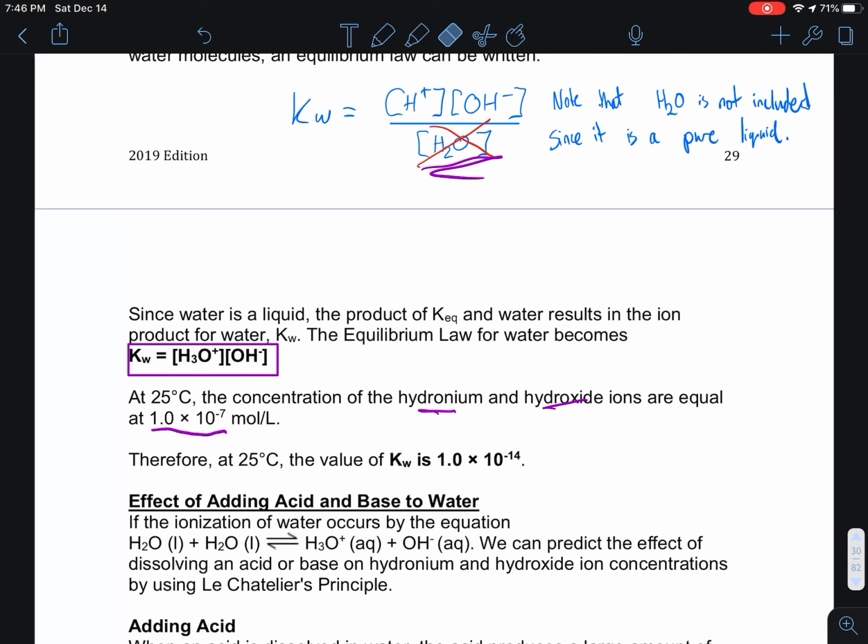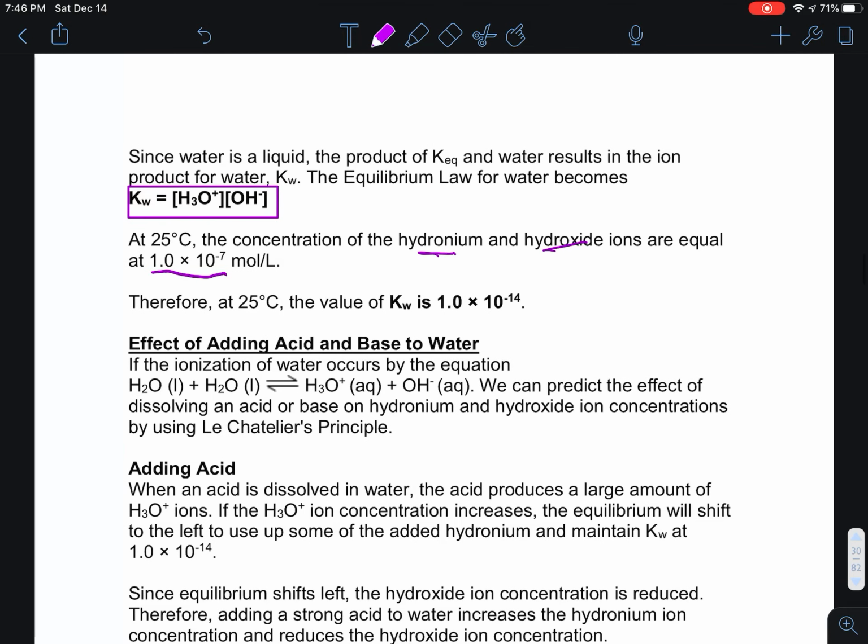Hopefully you said no, because this is 10 to the negative 7. Super, super tiny, right? It's less than a micromolar. Micro is 10 to the negative 6. So we have less than a micromole per liter of hydronium in pure water. So it's obviously not particularly acidic or basic. Of course it's neutral.